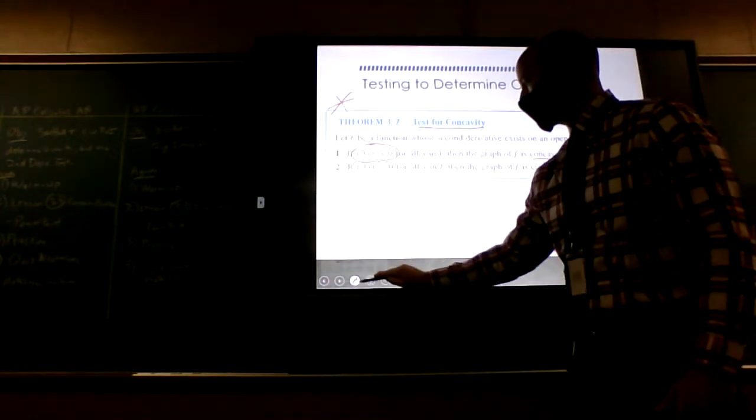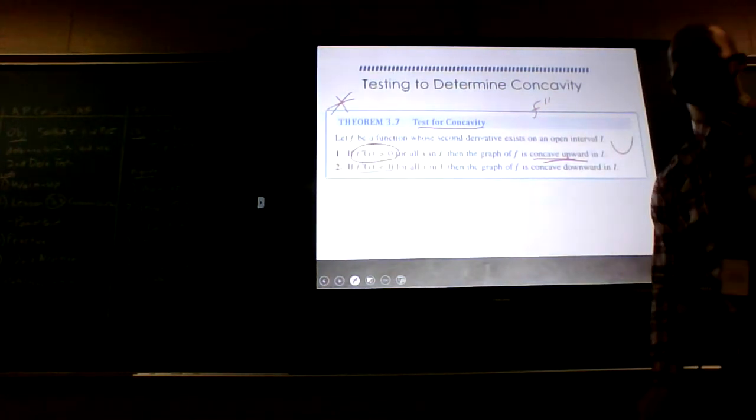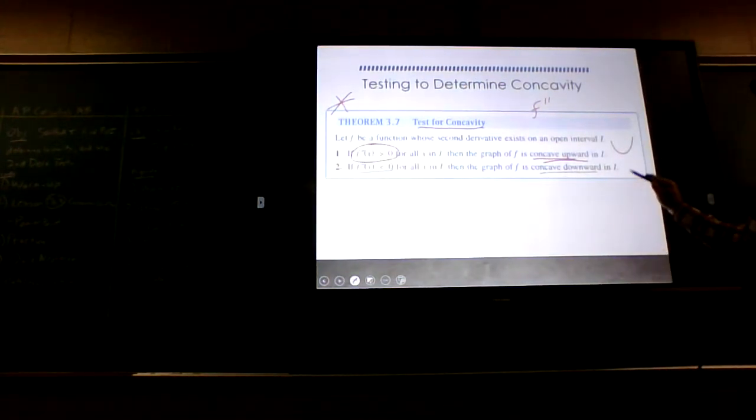Second part. If f double prime is less than 0, then it's going to be concave down. So that's how you'll test. If I ask you to determine where a function is concave up or concave down, you will look at the second derivative to do that.